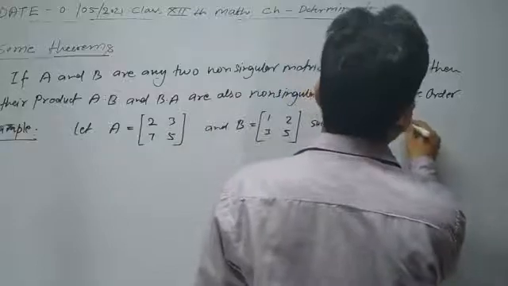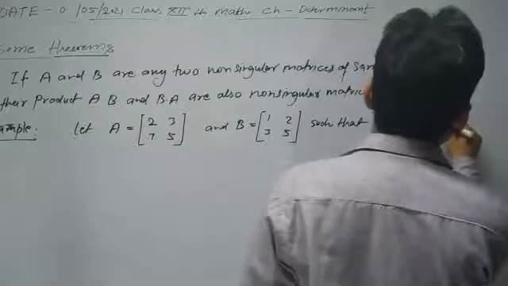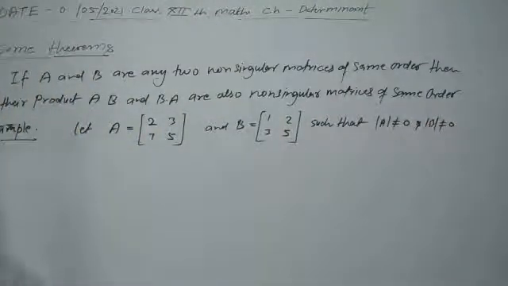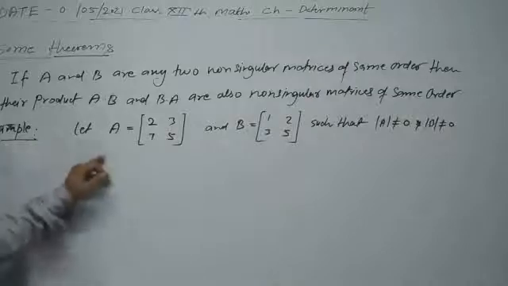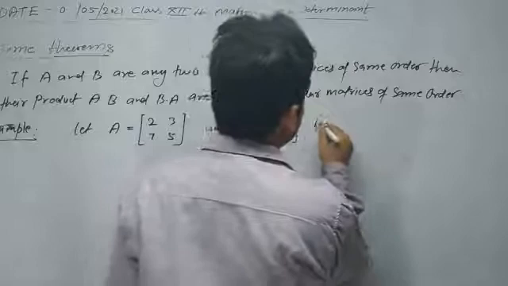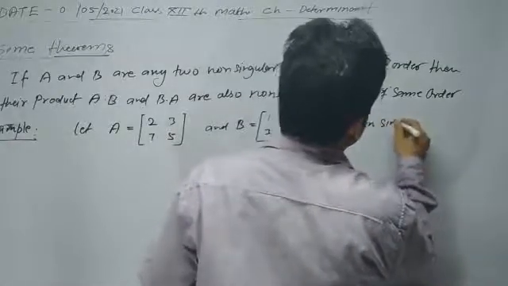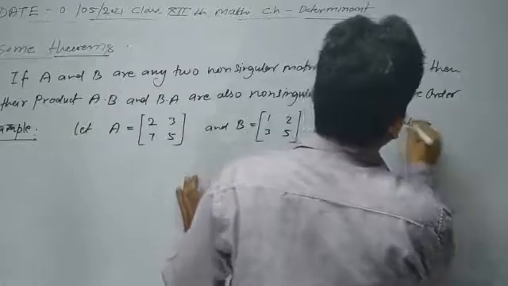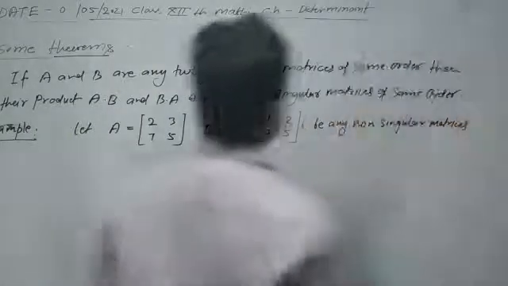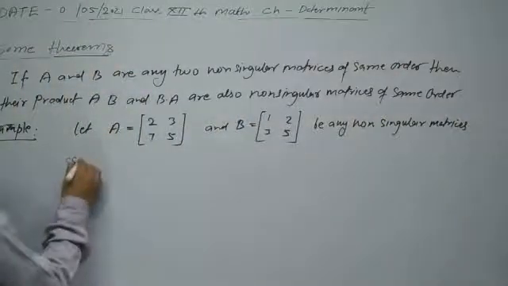Such that determinant of A is not equal to 0 and determinant of B is also not equal to 0. These are non-singular matrices.